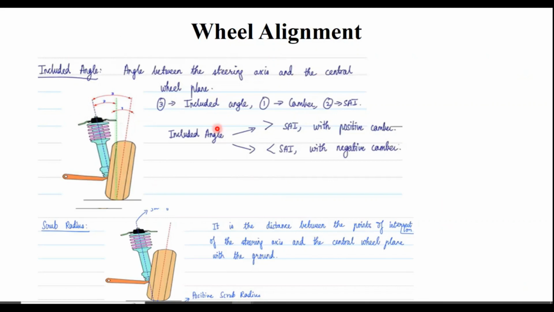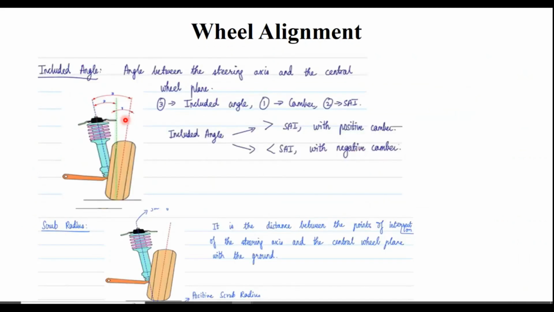And now what happens? We have also seen negative camber and positive camber. See how I can define it. When you have a higher SAI, which means the distance between this steering axis and the vertical direction, the red one, increases, it is nothing but a positive camber.